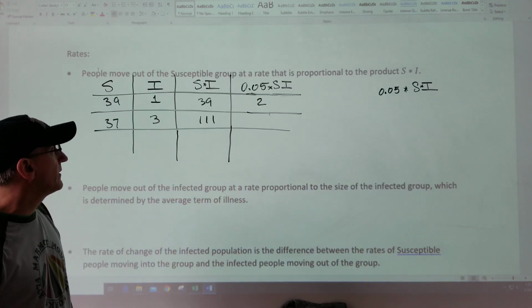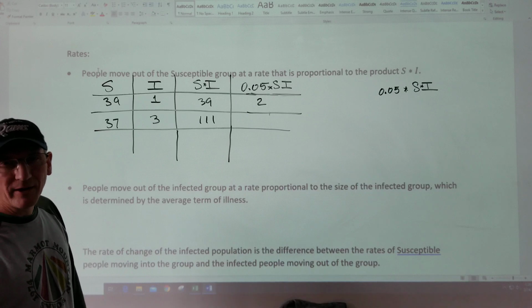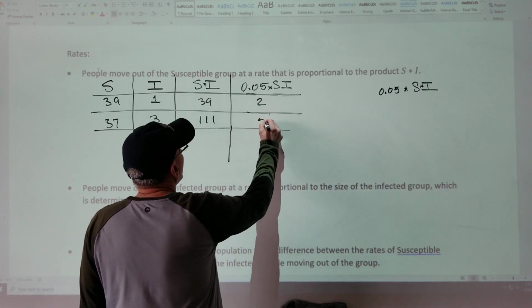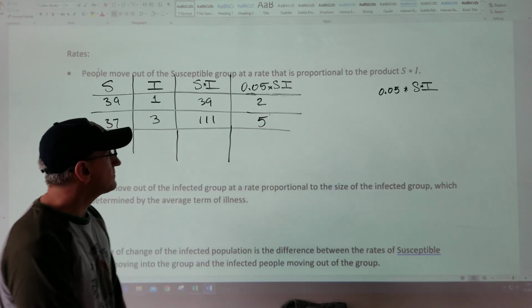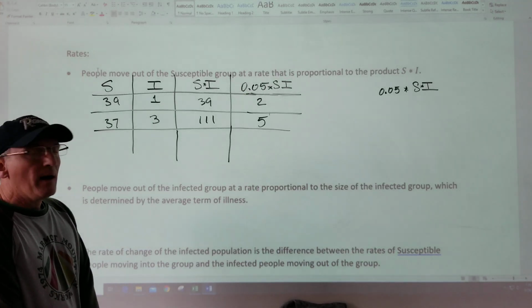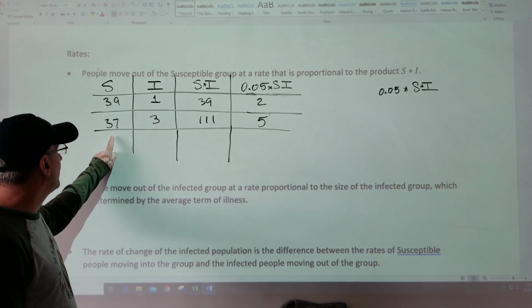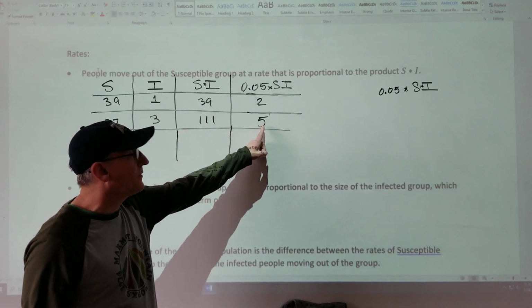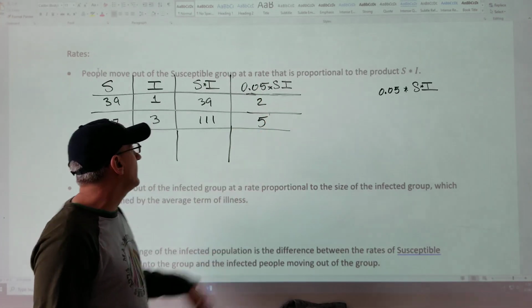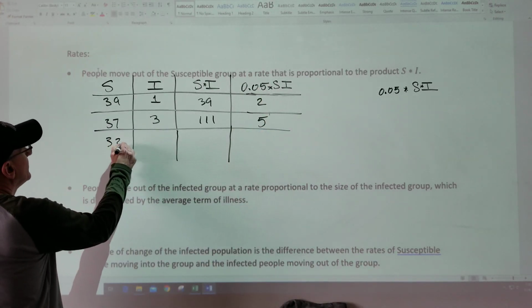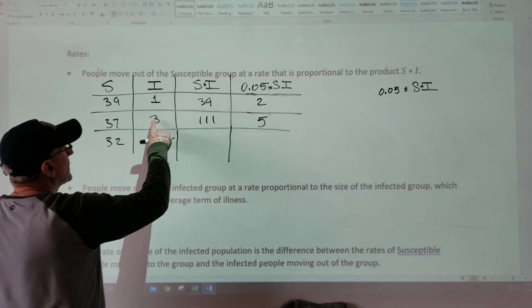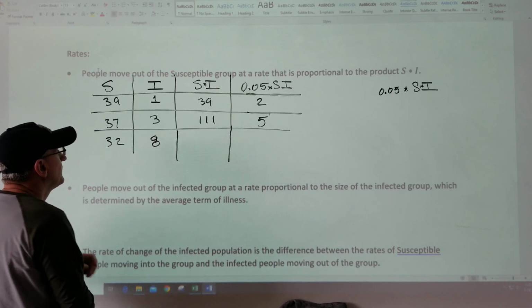So 5% of 111, somewhere around 5.5 or 6. I'm just going to go with 5. Well, we're losing our susceptible people. We had 37. We're going to lose 5 today. Notice that's more than yesterday. 37 minus 5 is 32. We have 5 new infected people. They go into this group, so now we're up to 8.